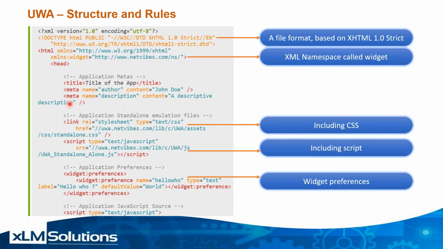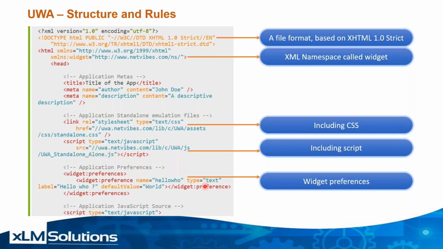You can add multiple more of it. And this is the linking of your style sheets. We are including a CSS. Then here we are including JavaScript files. You can see this is an online JavaScript file. For offline, you can give // the folder name and the JavaScript files. Here they have included UWA standalone.js. This is a DS specific JS.